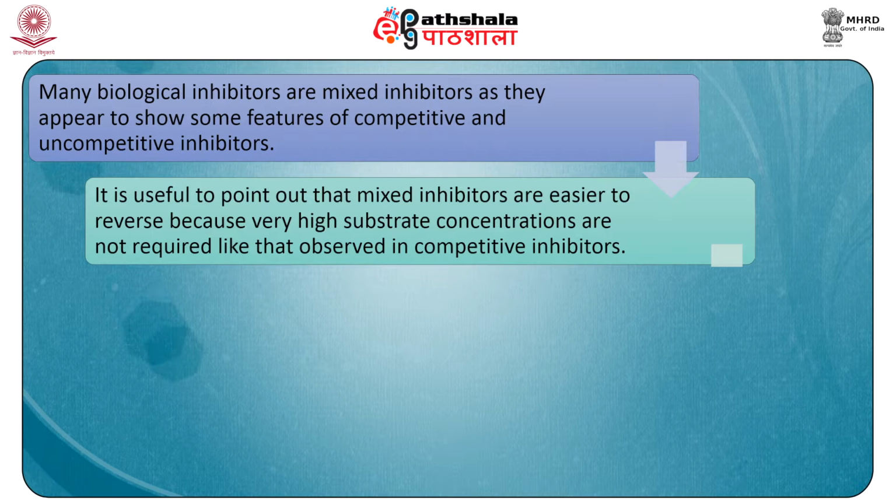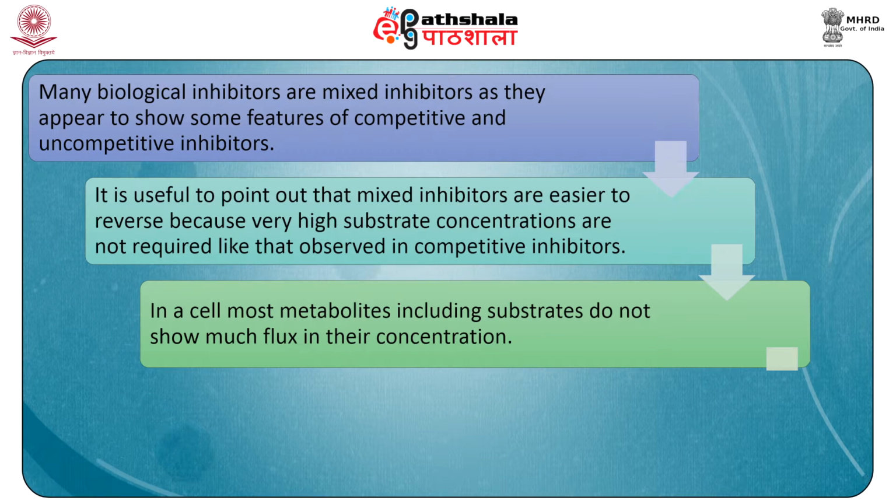It is useful to point out that mixed inhibitors are easier to reverse because very high substrate concentrations are not required, unlike that observed in competitive inhibitors. It is worthy to note that antibiotics, which are frequently competitive inhibitors, behave to some extent as irreversible inhibitors because very high substrate concentrations are required to reverse these.